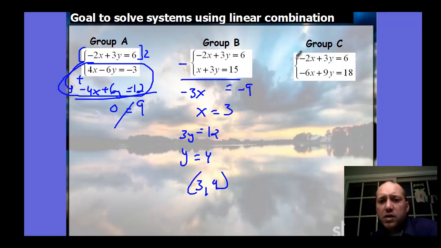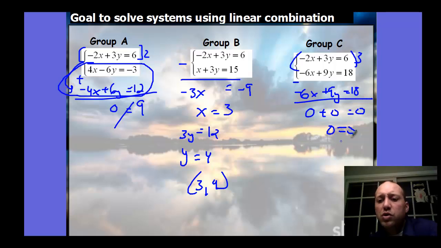For this one, I multiply the top equation by 3. If I do that, I get negative 6x plus 9y equals 18. And if I subtract these two equations, I get 0 plus 0 equals 0, or 0 equals 0. And so that's a true statement. So let's talk about the first and last one here.